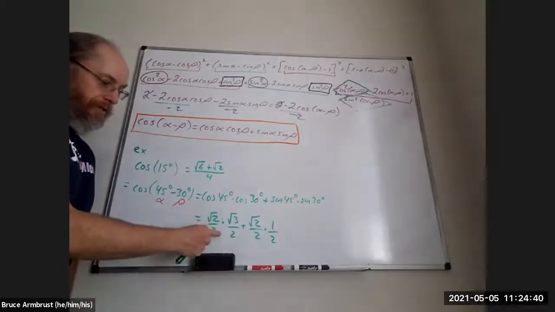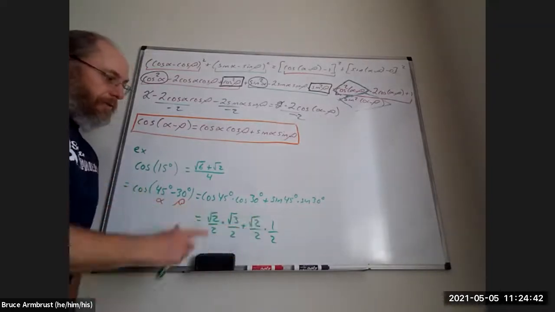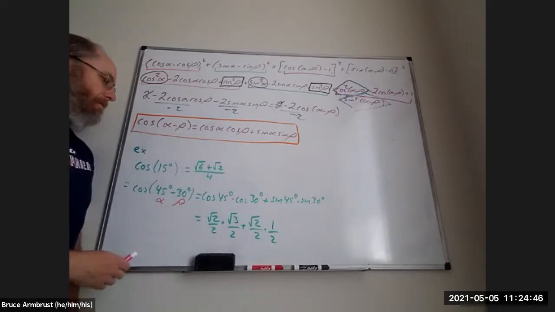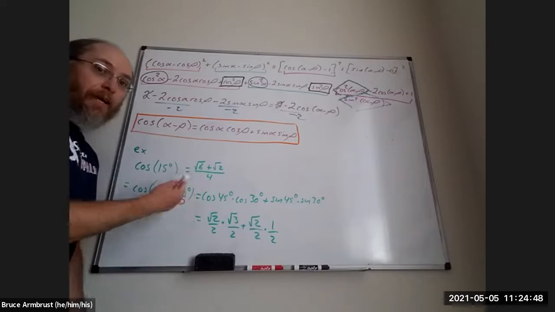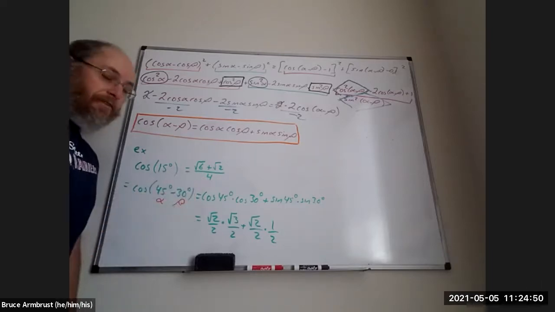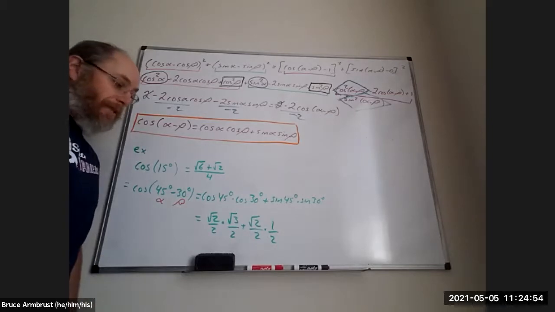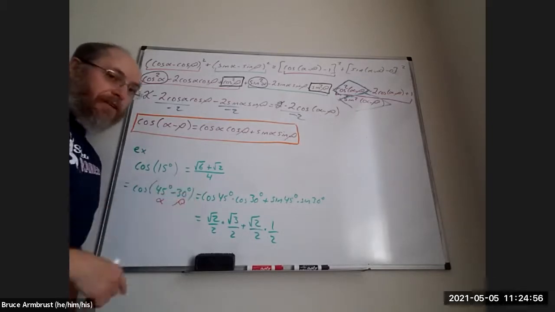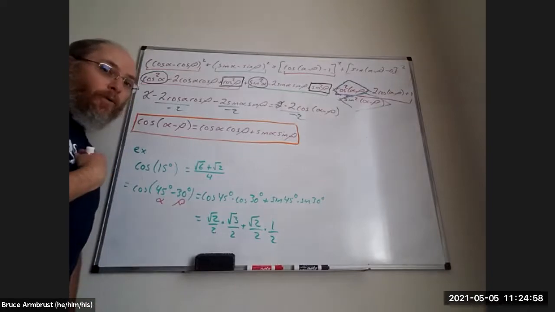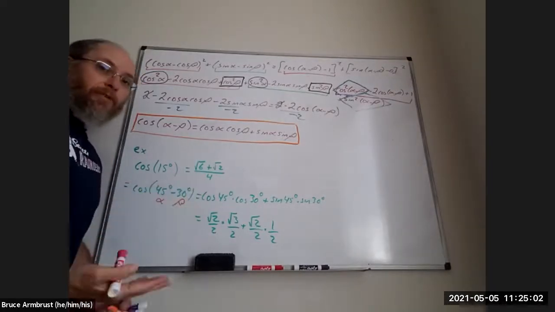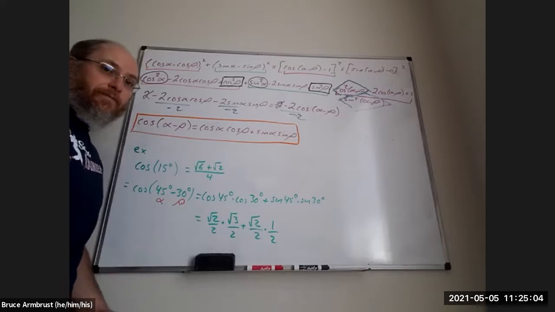This is root 6 over 4 plus root 2 over 4, and I just combined them. But there you go. We just found the exact value of the cosine of 15 degrees. If you want a decimal approximation, you can go ahead and punch this into your calculator. I don't want decimal approximations here. Let's get the answer. But there's our cosine of 15 degrees.